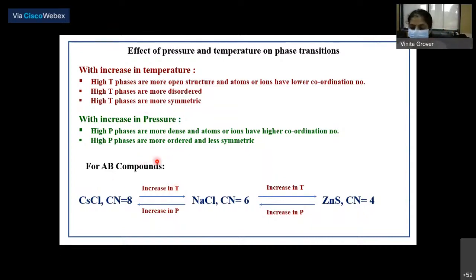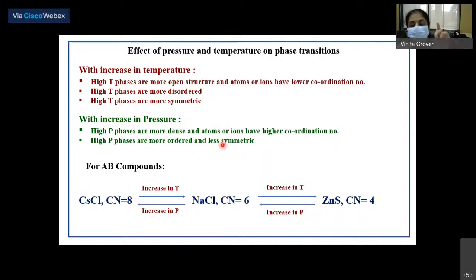The opposite holds with increase in pressure. For the high pressure phases, you can imagine that you are applying pressure on the material. What will happen? You're bringing it close together forcibly. It will tend to have higher coordination number. They are more dense, more ordered, and less symmetric, because when you force everything to come closer, they might not be able to maintain the symmetry.